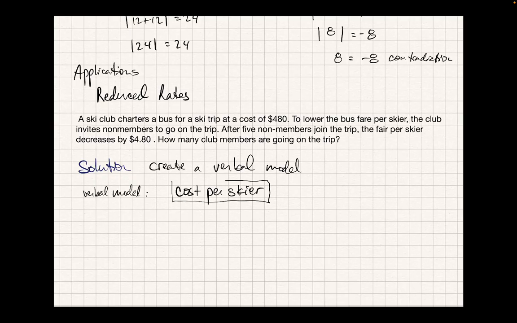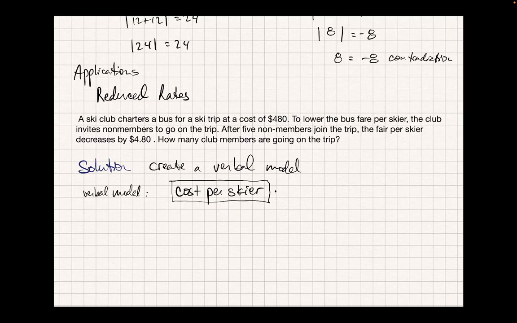So it's total cost over original number of people minus the discount, times X, plus 480 times X. So what's my model? Cost per skier. Oh, I misunderstood. So we have some amount of club members. What do I multiply times my cost per skier? I'm trying to find the total cost of the trip.